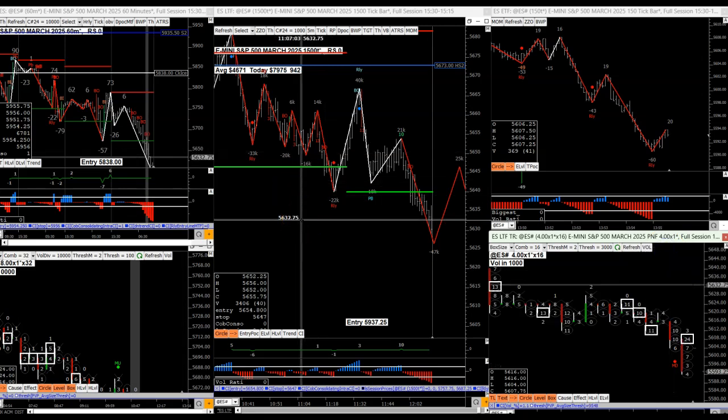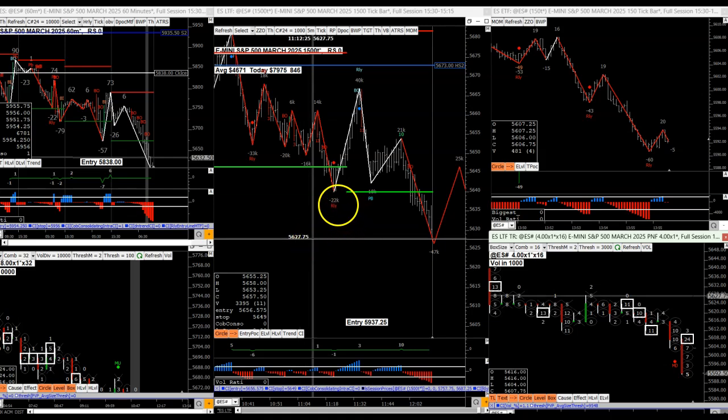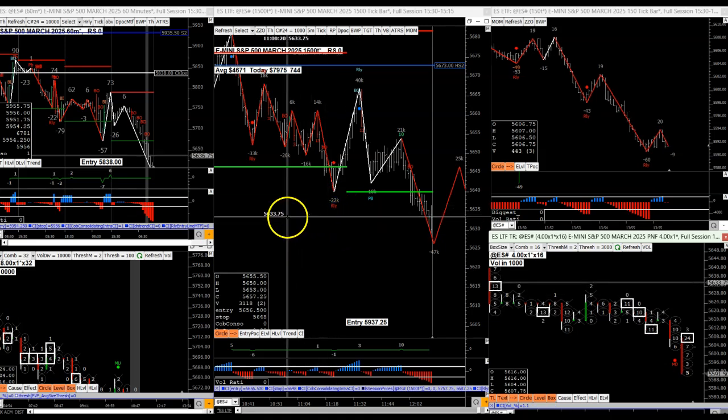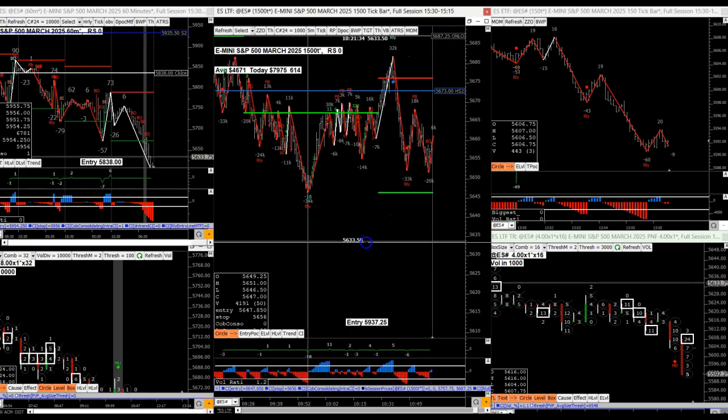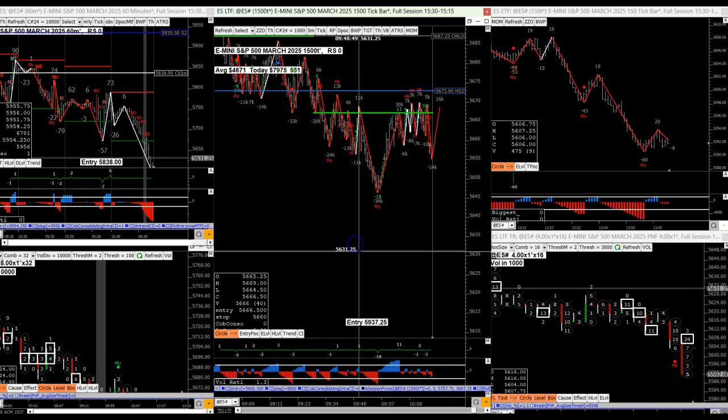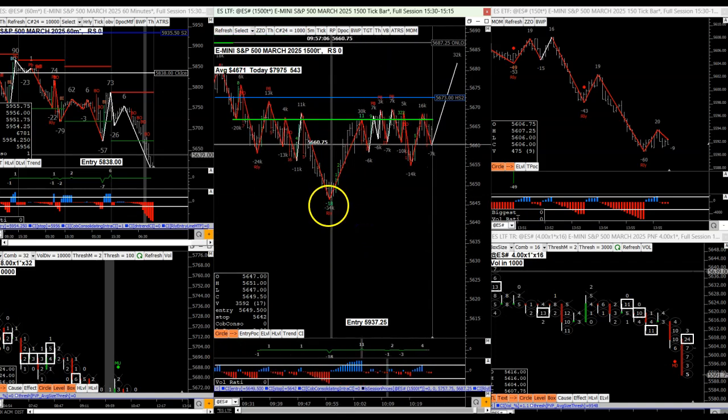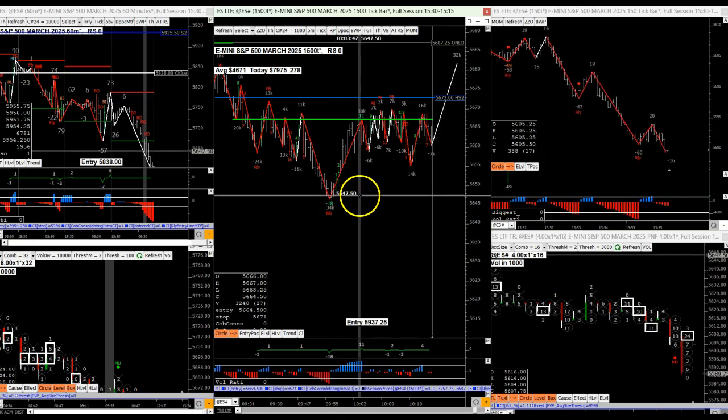All right, so this is ES. I'll show a failure and how and why it failed. First, there was an attempted bounce right here.